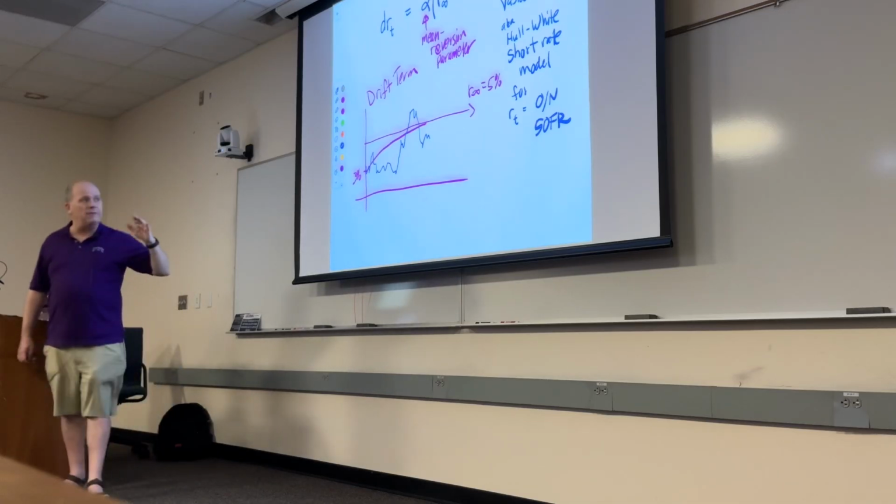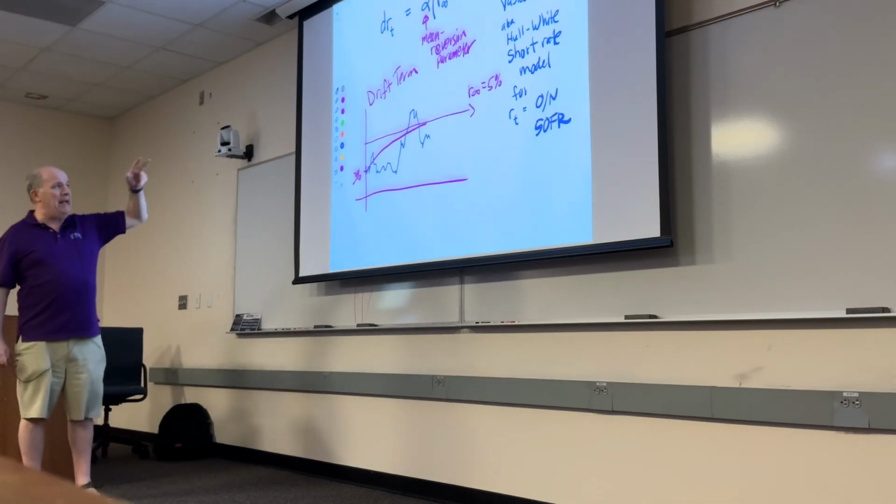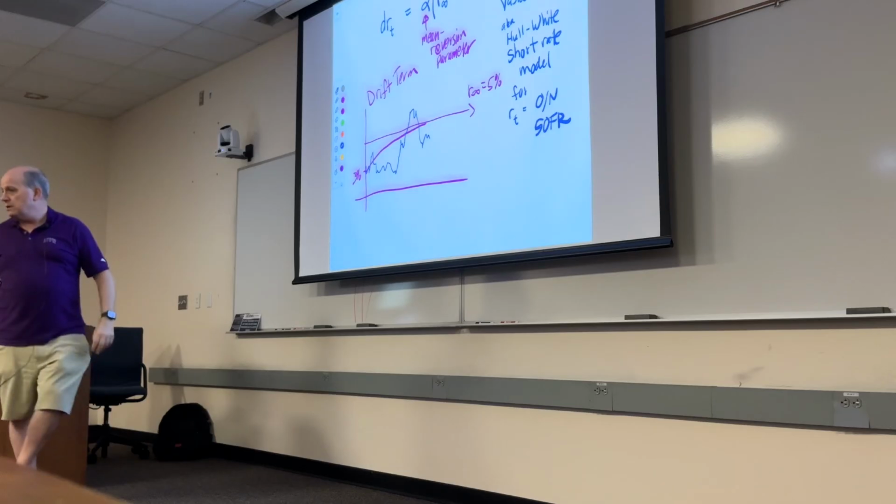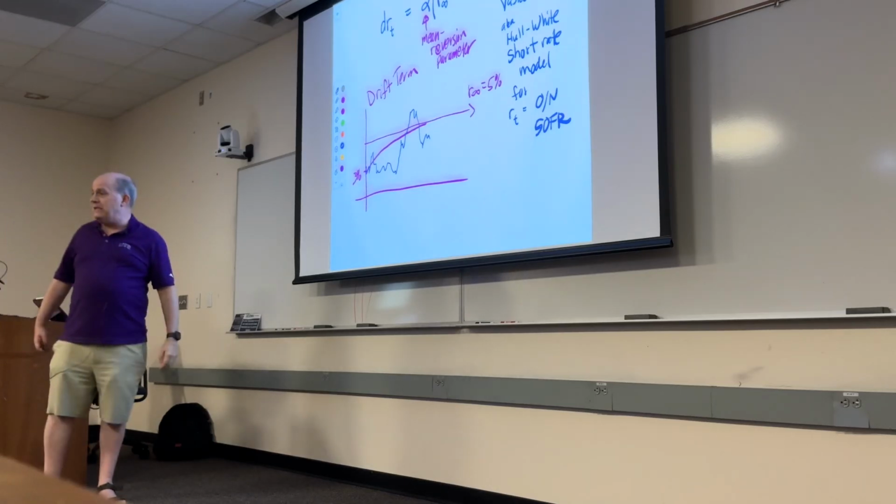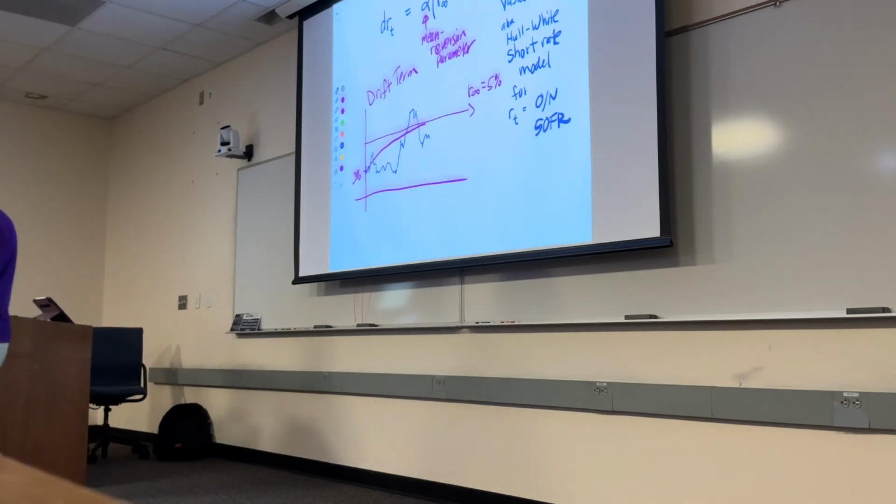There's some natural level. Now, in reality, our infinity changes from time to time. Like I say, in the 90s, perhaps 5% was a natural number up until the great financial crisis, 2008. Between 2008 and 2020, 2% was probably a more natural rate.